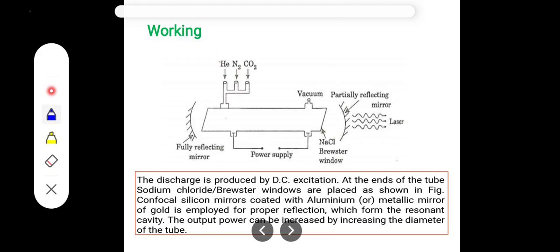First, the DC power supply is switched on. Excitation by electrons inside the quartz discharge tube raises the gas molecules from the ground state to the excited state. First, the nitrogen atoms absorb electrons and go to the excited state energy level, and some return to the ground state energy level.